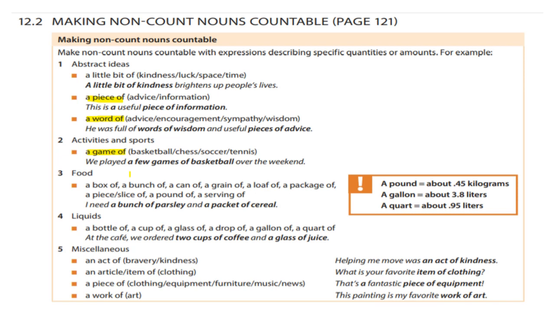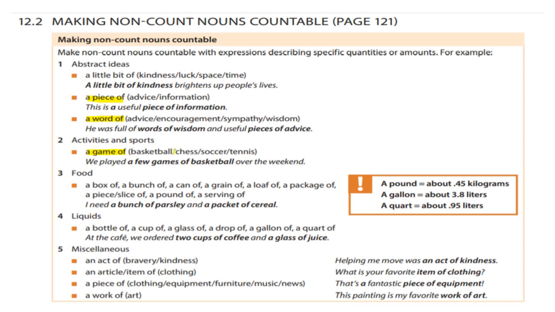For food, there are a lot of words you can use, like the word box. If you put sugar in the box, you can say a box of sugar or 3 boxes of sugar, a bunch of parsley, a packet of cereal, 3 packets of cereal.